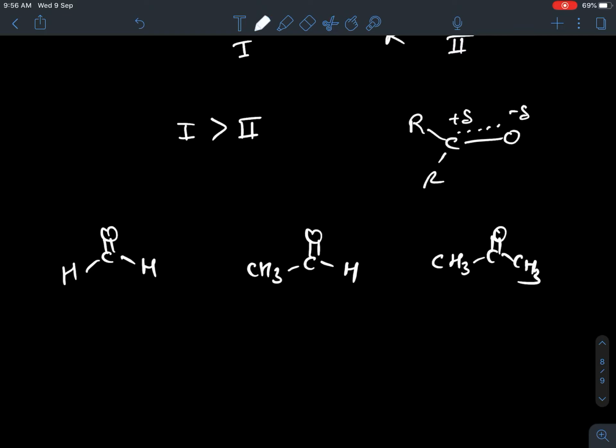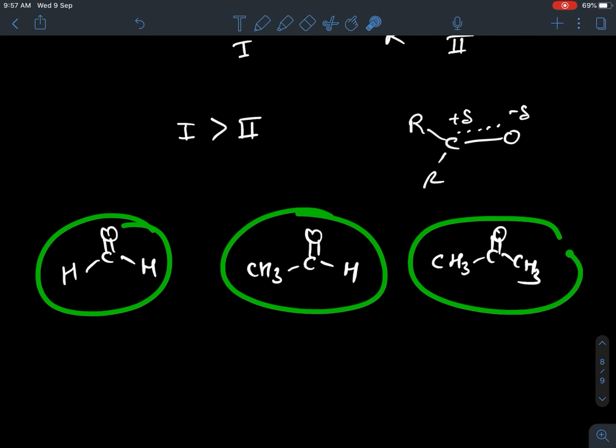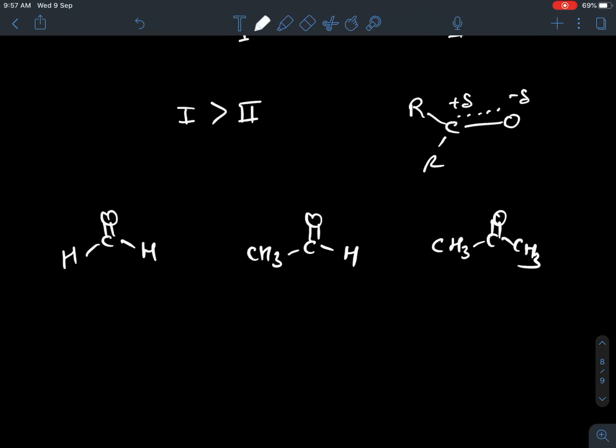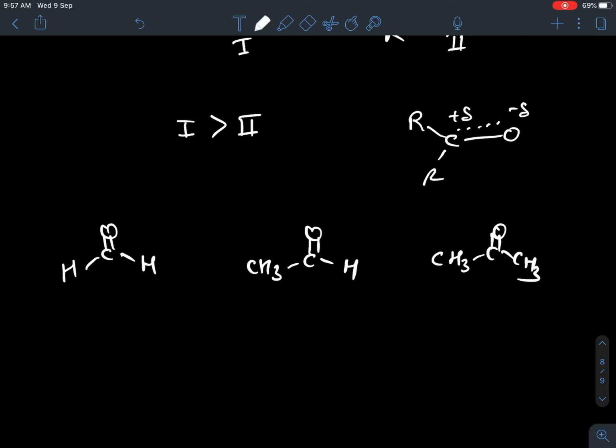So now what will be the order of dipole moment for formaldehyde, acetaldehyde and acetone? By looking at it, you see there is a contribution of plus I from the CH3 in both of these cases. It will donate and oxygen is pulling, so it will have more and more negative. Here it is donated from one side, and as you know, the inductive effect of hydrogen is considered to be 0, so there is no donation.